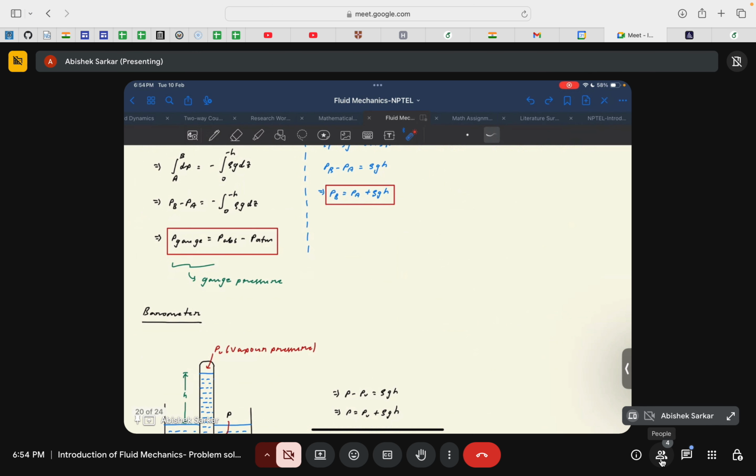Then there's also a very brief concept of gauge pressure, absolute pressure and atmospheric pressure. I can give you a good resource for a very basic and simple understanding. There is a very simple diagram in a textbook by R.K. Bansal, Fluid Mechanics. For basic fluid mechanics, if you're just interested in competitive exams, I think the textbook by R.K. Bansal is good enough for simple numerical problems that are quite relevant to the competitive exam.